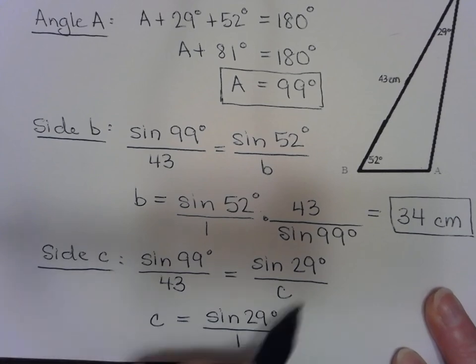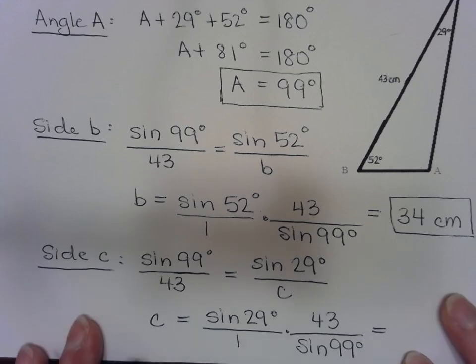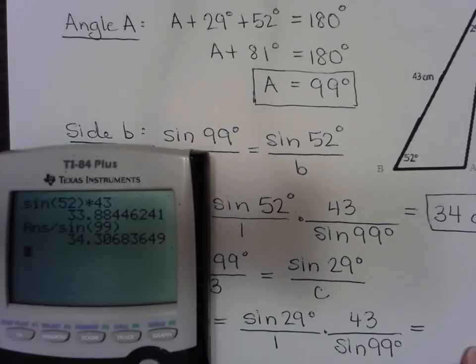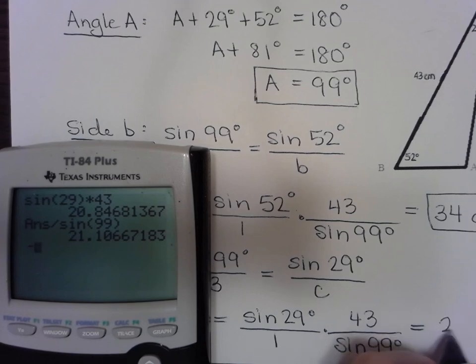And then to move this fraction over, I'm going to be multiplying by the reciprocal. Okay, so let's do that. So that gives me 21.1, but again, I'm just going to use 2 significant digits, so I'm going to round that to 21 centimeters.